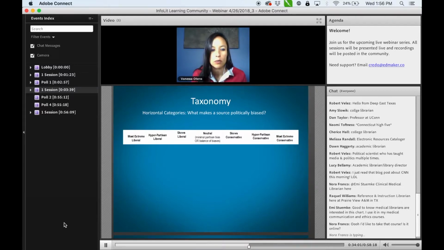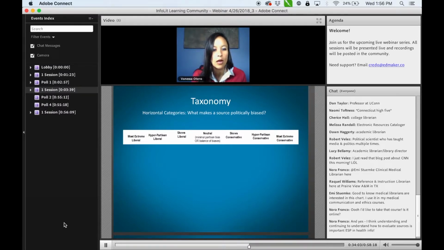The other reason why neutral is kind of a tough category is because not all political positions have an exact center. Usually, the most neutral position will still fall to the left or the right of whatever a center would be. So, by minimal partisan bias, I mean appropriate bias.